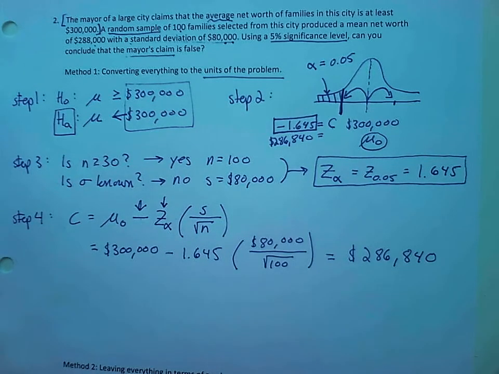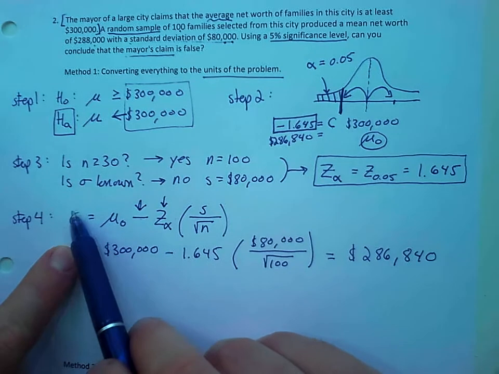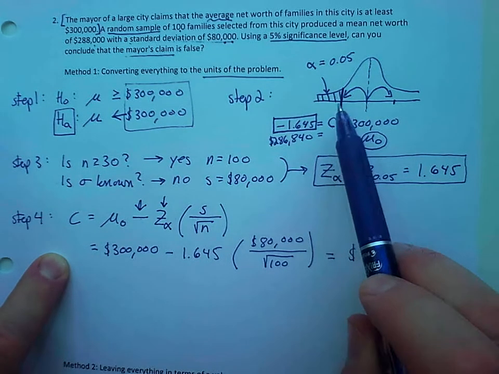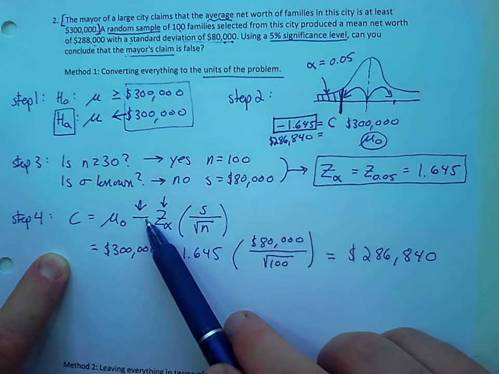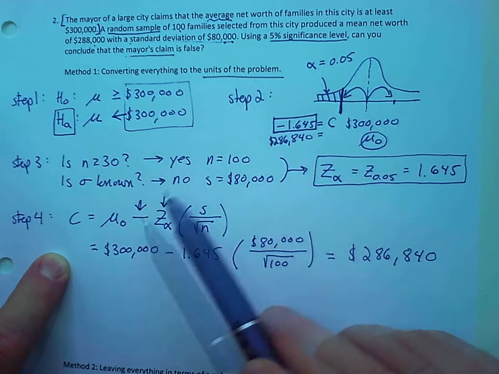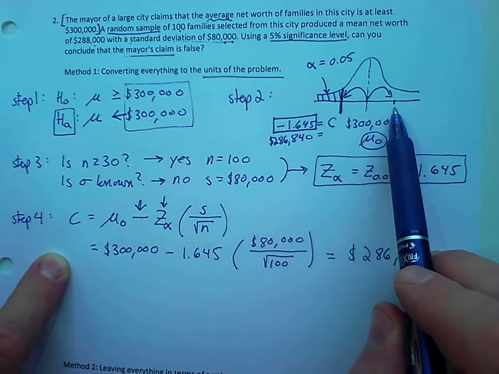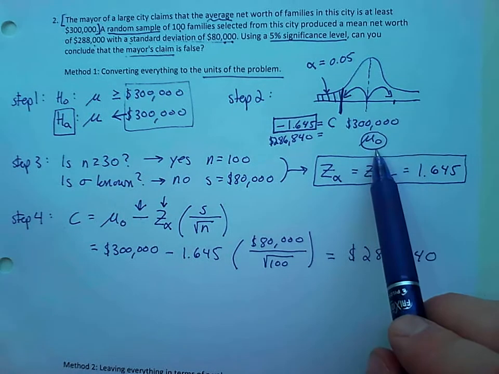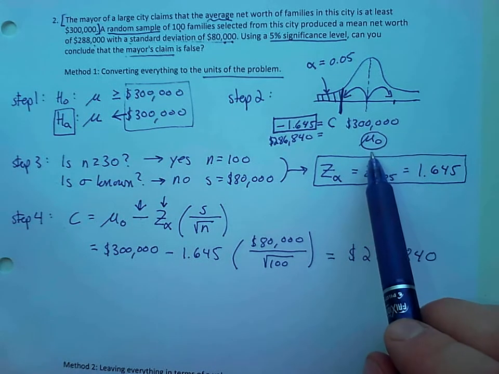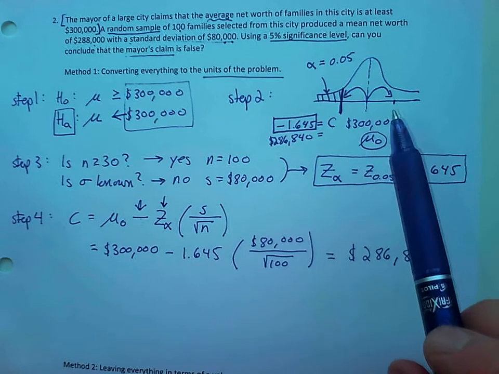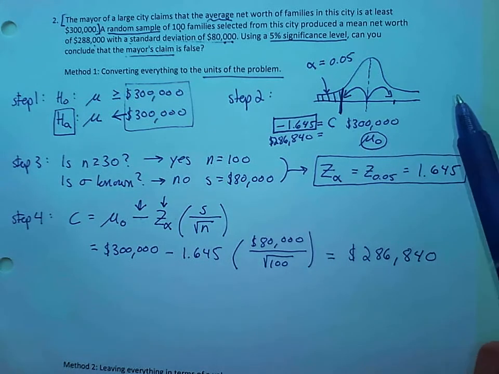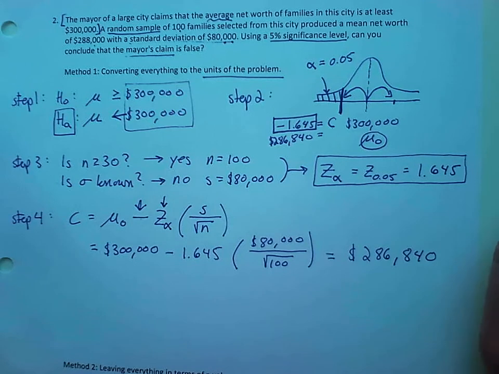So you can imagine that the left-hand side critical value is below the mean, so therefore you're always going to be subtracting. And the right-hand side critical value is above the mean, so you can always add that value. That's the way that I teach it. Sure, there are different ways of doing it and different ways of teaching it, but this is what I found to usually work out best.